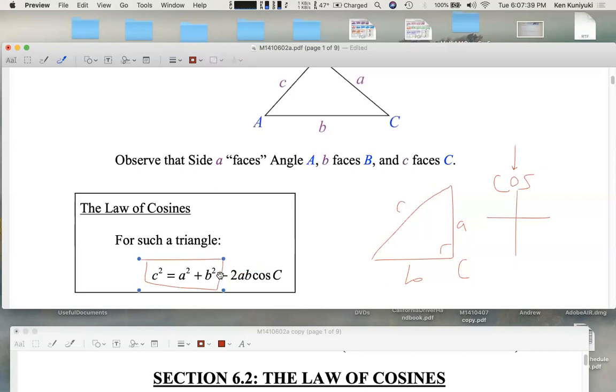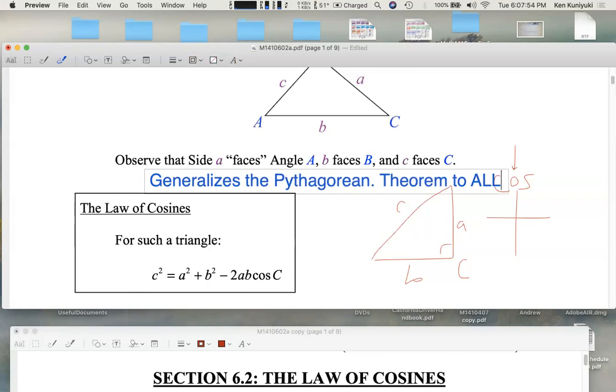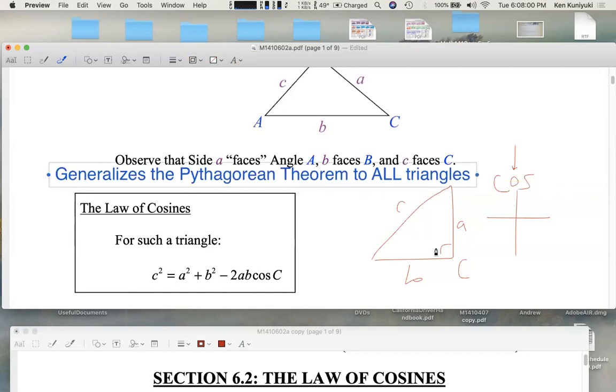In fact, you can think of the law of cosines as a generalization of the Pythagorean theorem. This generalizes the Pythagorean theorem to all triangles. The Pythagorean theorem only applies to right triangles, where you have a right angle and a hypotenuse.